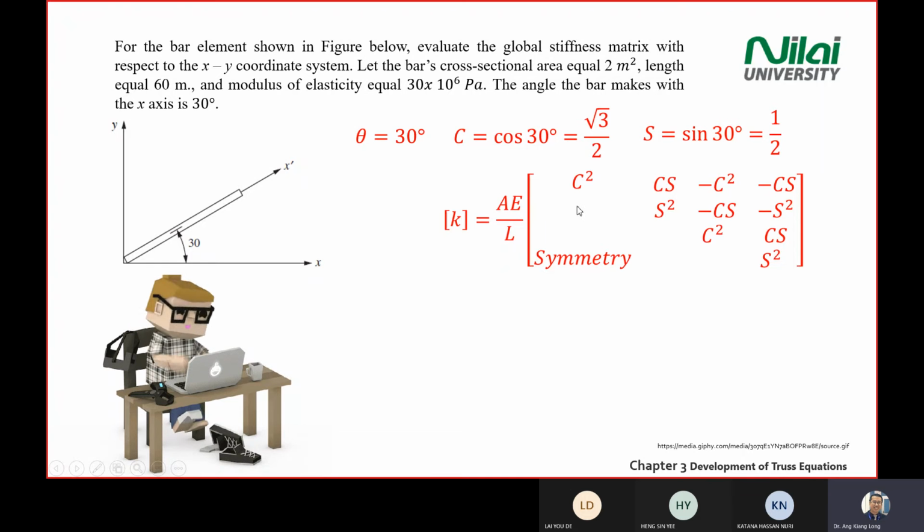How you memorize is that you draw a diagonal line, and you start with C square, S square, C square, S square, then you continue with the second diagonal line, CS, minus CS, CS, then the third diagonal line, minus cos square, minus S square, and then the last number, minus CS.